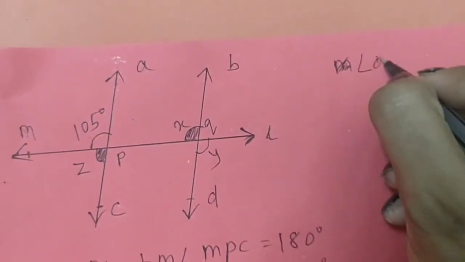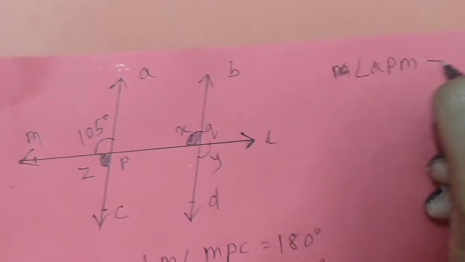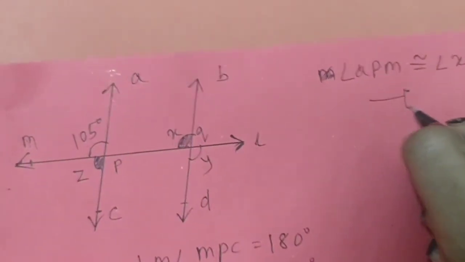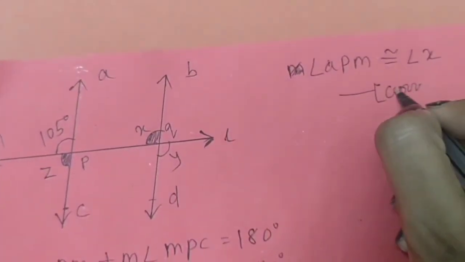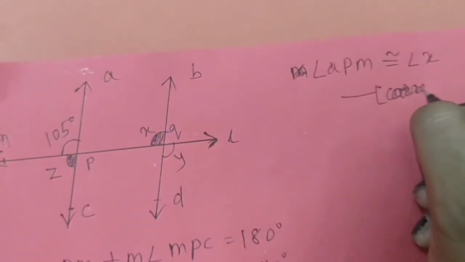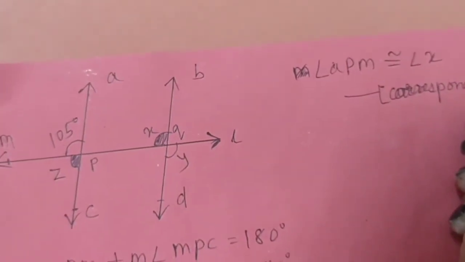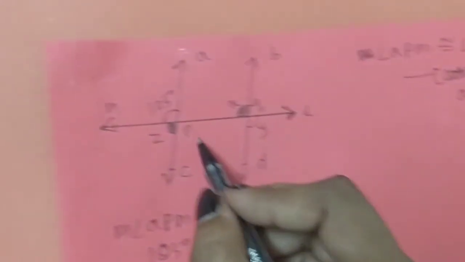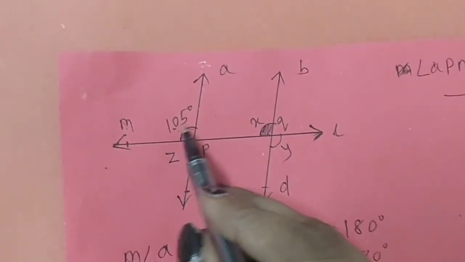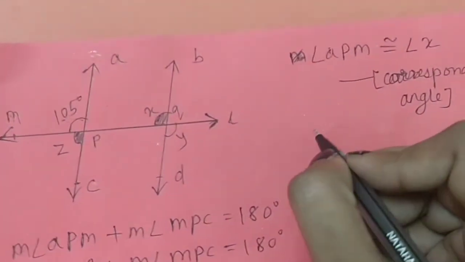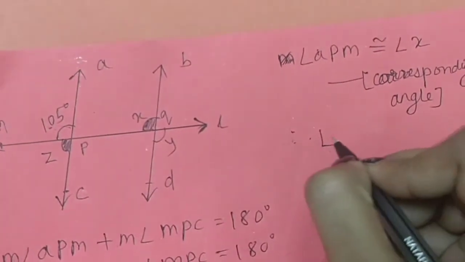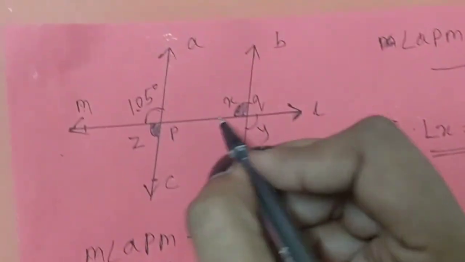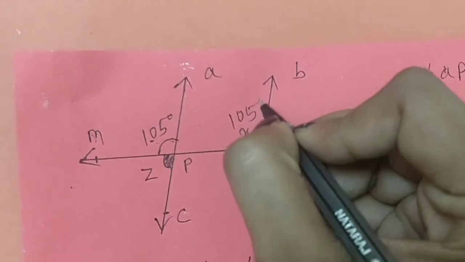Angle APM is congruent with angle x, because they are corresponding angles. I'm writing in short. So if this is 105, this will also be equal to 105. Therefore angle x will be equal to 105 degrees.